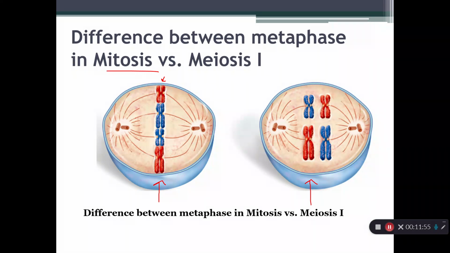The chromosomes line up in the middle in mitosis. In meiosis, the homologous pairs, the pairs of chromosomes, line up in the middle, and then you can see they would start to separate. In mitosis, just the sister chromatids separate. In meiosis, the whole chromosome separates.